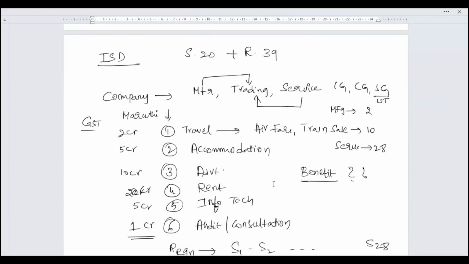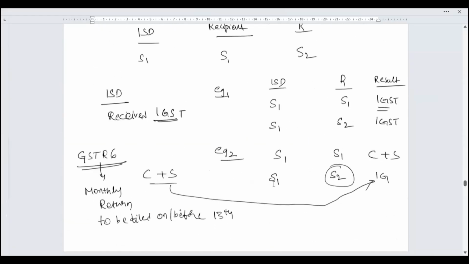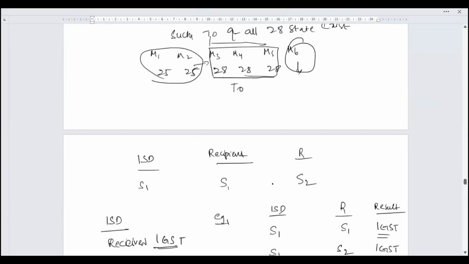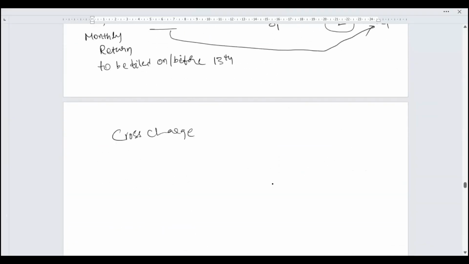So there, can I do a cross charge? The question came, sir, instead of ISD, can we do cross charge, using the formula you have given, the previous year turnover we were talking about? Answer is yes, till 31st March 2025.